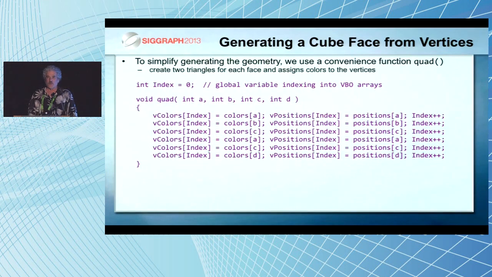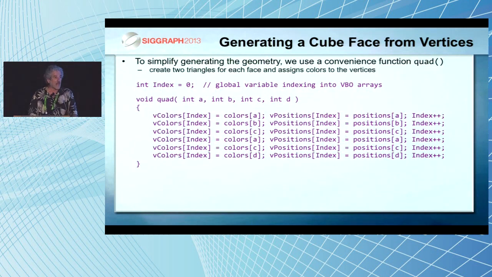So if I say the 4 vertices are A, B, C, D, I can take the first 3, A, B, C, assuming they go around in a little square. So A, B, C define a triangle, but then I need to define a second triangle. Well, how about going from A, the first one, diagonally across to C, and then down to the 4th vertex? That's the second triangle.